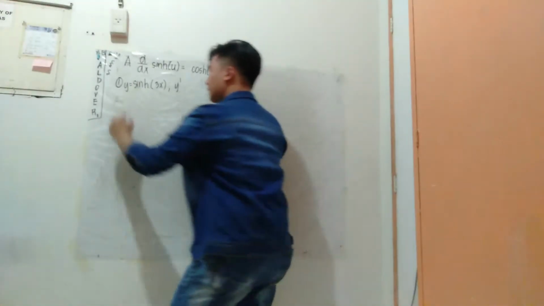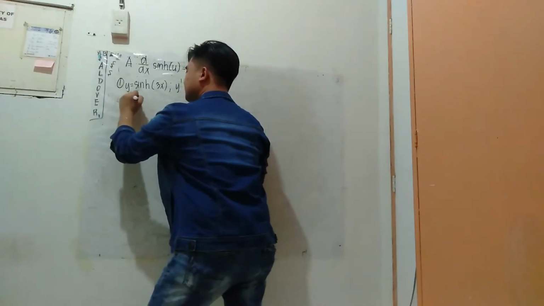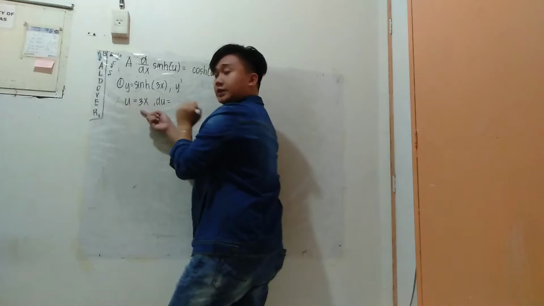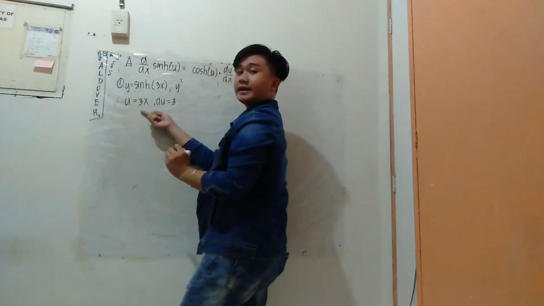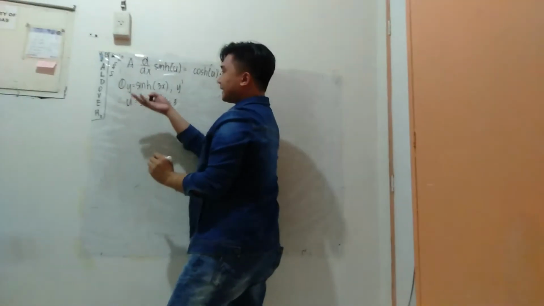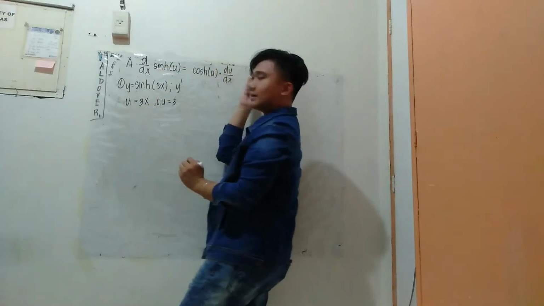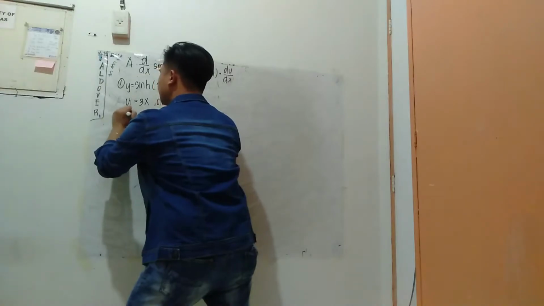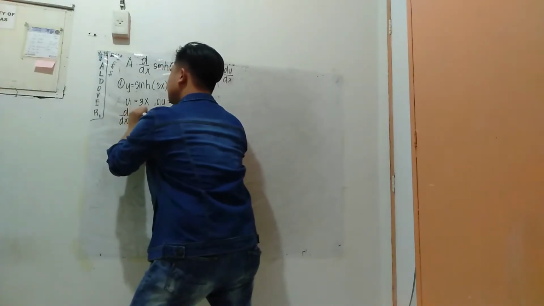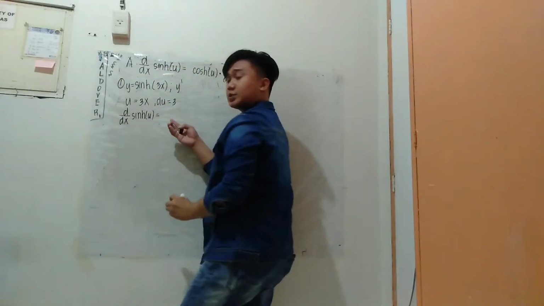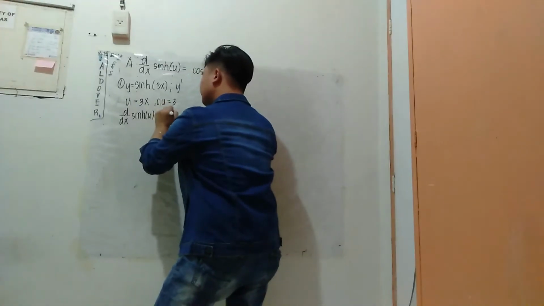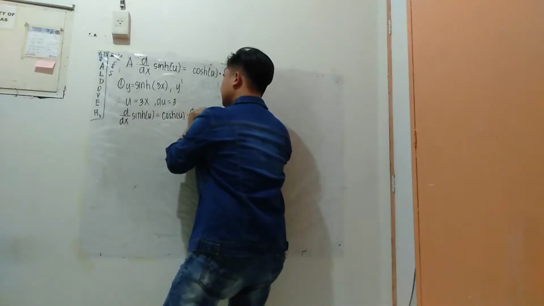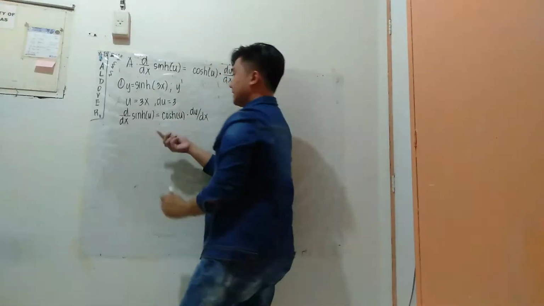Okay? So, u is equals to 3x. du, derivative lang nito, is equals to 3. At pag binuksan natin ito na ganito, para diretso ka lang sa formula. So, the derivative of sinh of u is equals to cosh u times du dx. And then, ibalik natin.